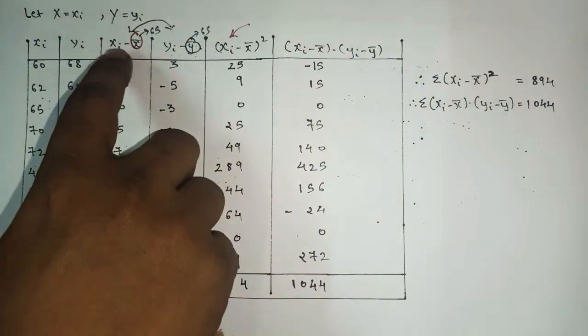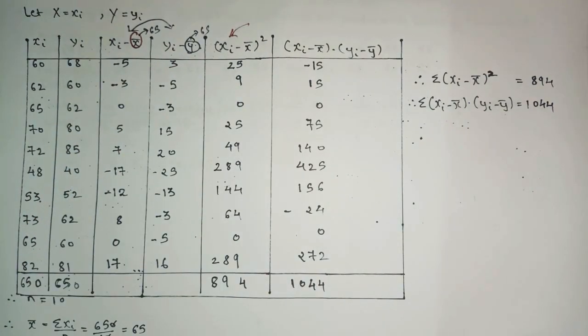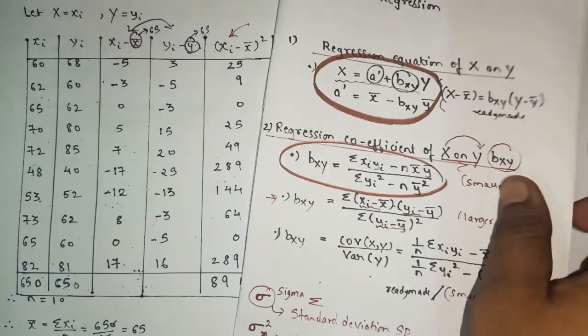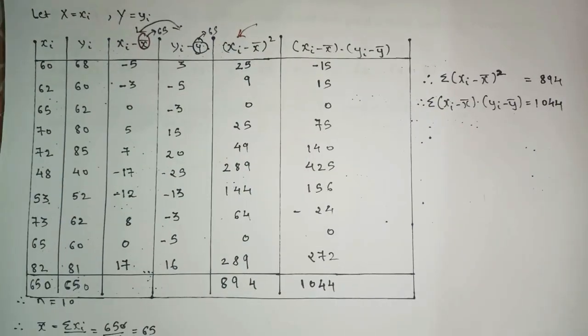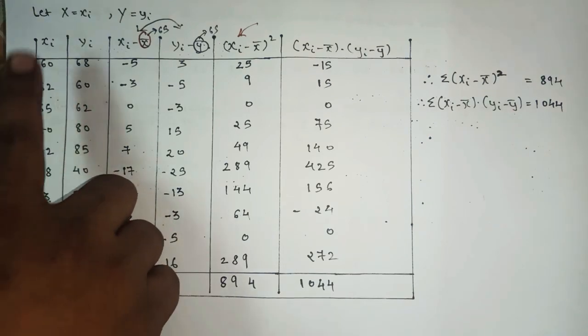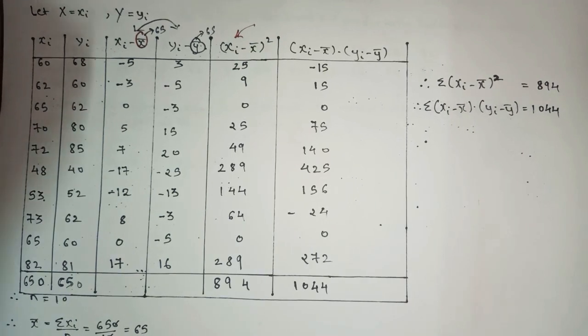Okay, using the concept of xi minus x min, yi minus y min. That's why I told, whenever it is a larger value, apply the second formula. In the second formula, this larger value will get converted into a smaller value, and then the remaining part will be the same. Find byx, bxy, yes or no, and the regression equation. So that's the end of the sum, sum based on larger value.